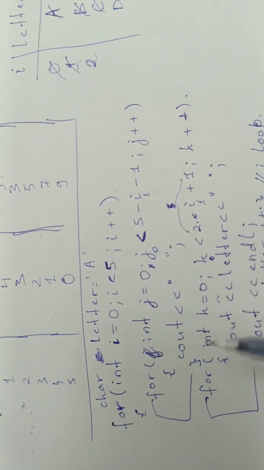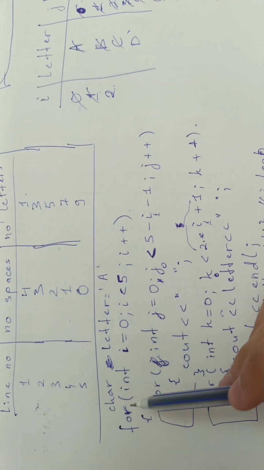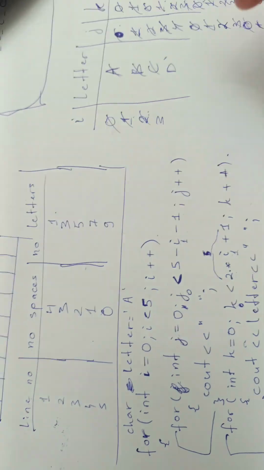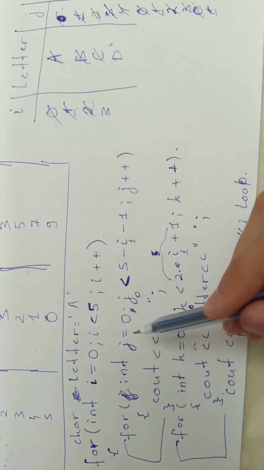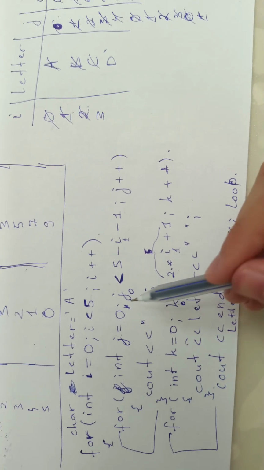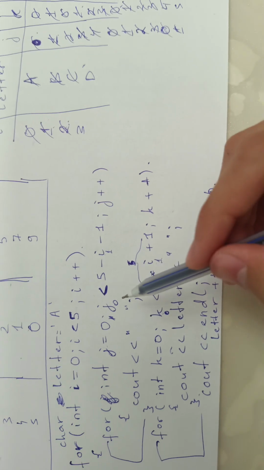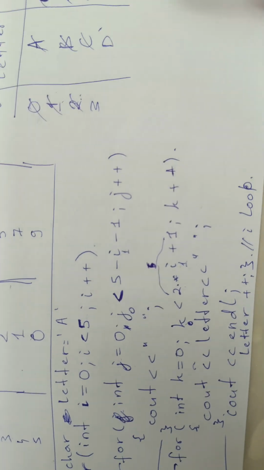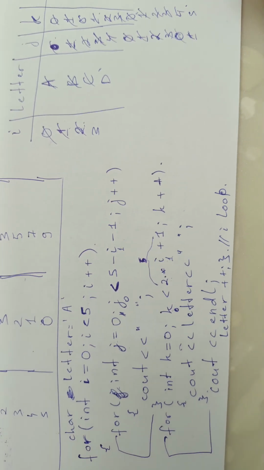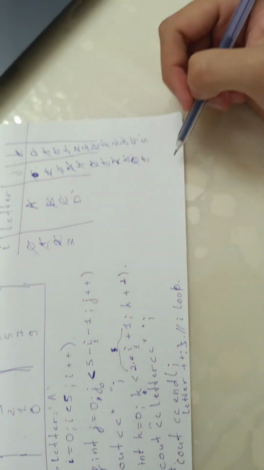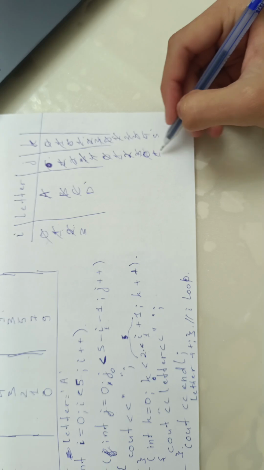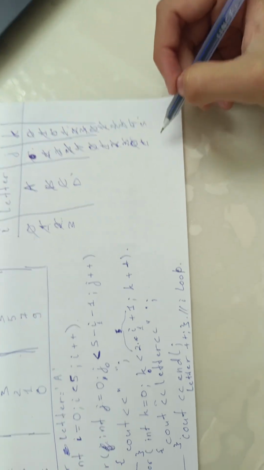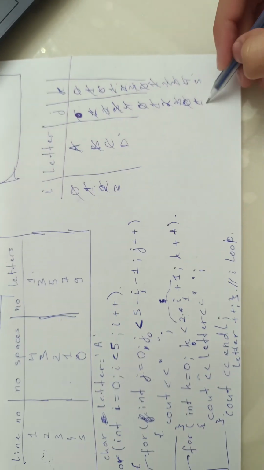So we go back to our I loop, the outer loop. I becomes 3, and this time J checks 1 value, which is 0.